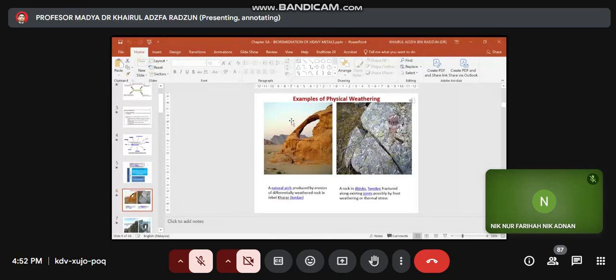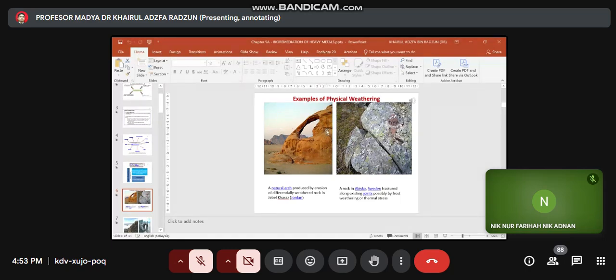So which part is it that has been affected by the weathering? It is the middle part that is hollow, with the hole. The rocks here have gone, or have fallen down to the soil, due to differentially weathered rock. The weathering effect on this rock is different from the left side to the right side.